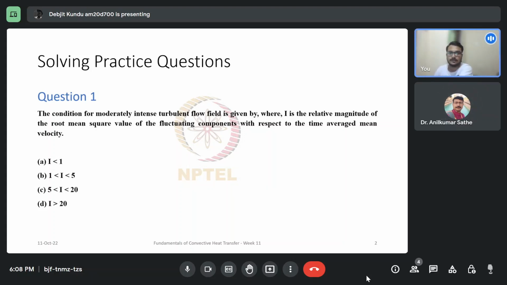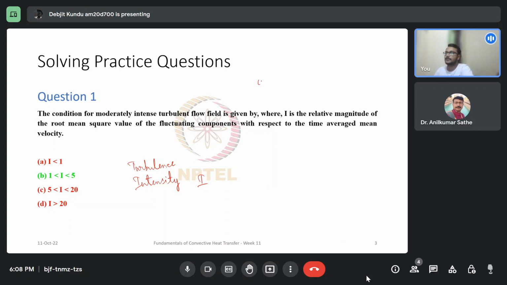Let us look at the correct answer, and it is indeed option B. So the turbulence intensity, I, is given by the root mean square value of all the fluctuating components. So what are the fluctuating components?